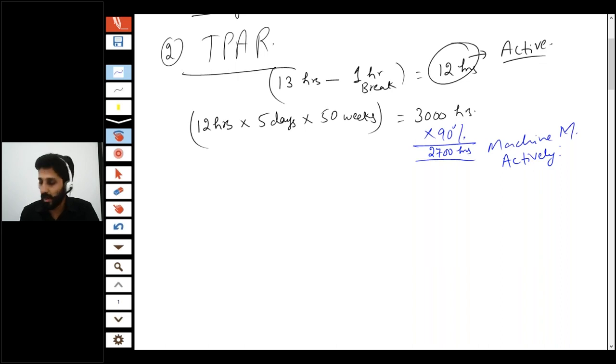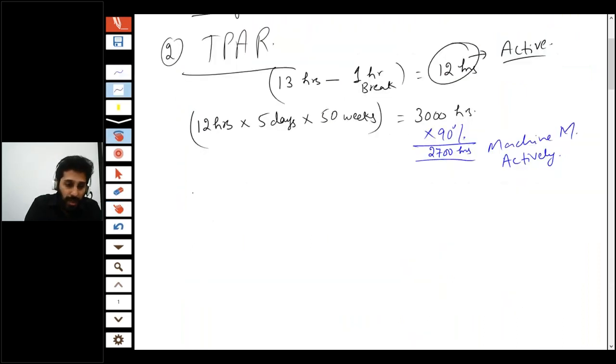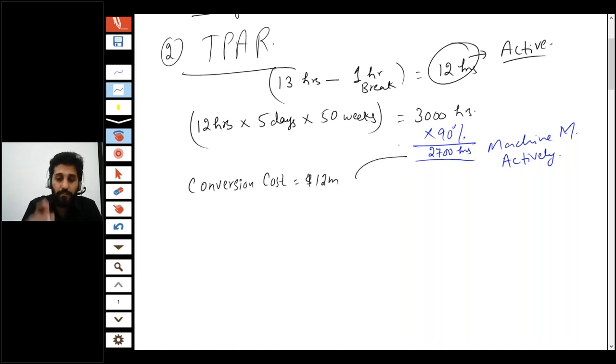This is 2700 hours, right? Now, here it is written that 12 million each year at the plant. Conversion cost is 12 million. So my conversion cost is 12 million, and for 2700 hours, I need cost per hour.